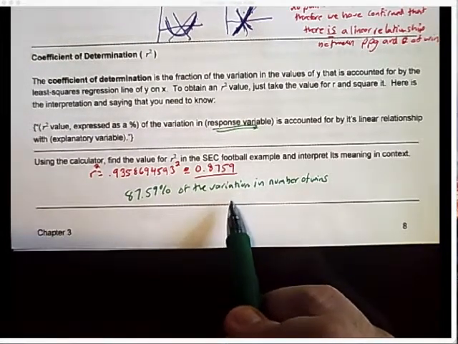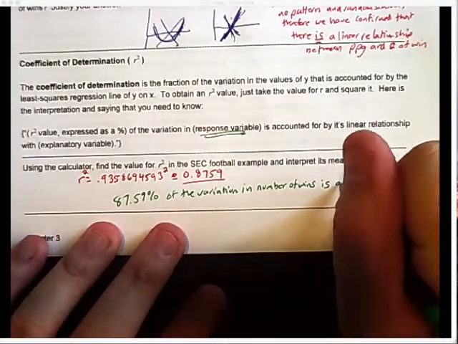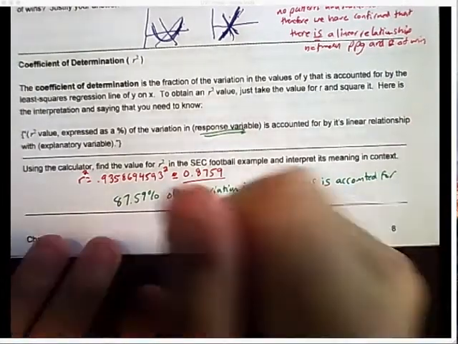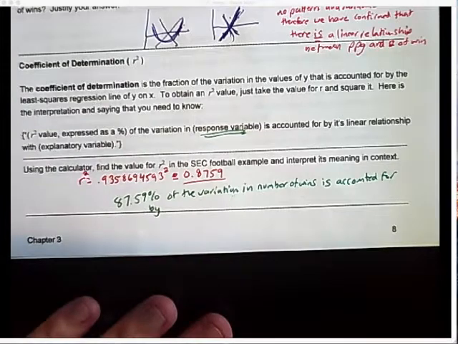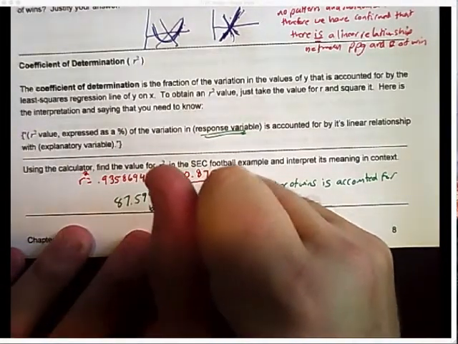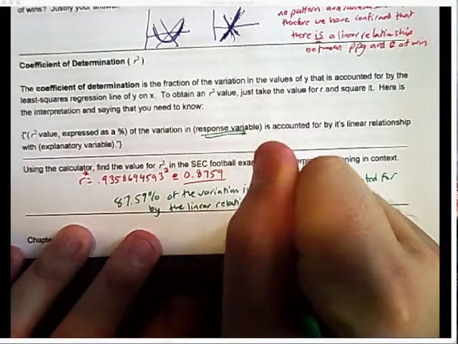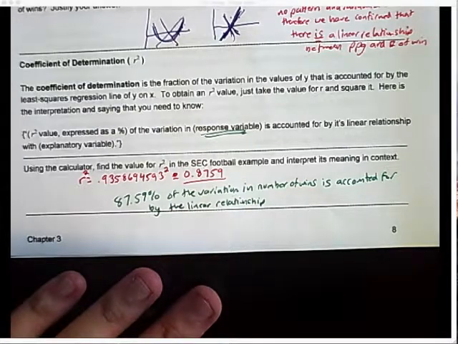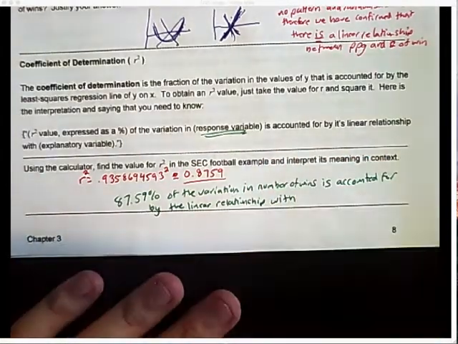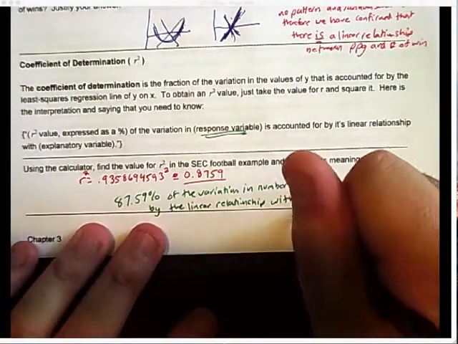Spread. 87.59% of the spread in the number of wins is accounted for by the linear relationship with what is the explanatory variable, points per game.